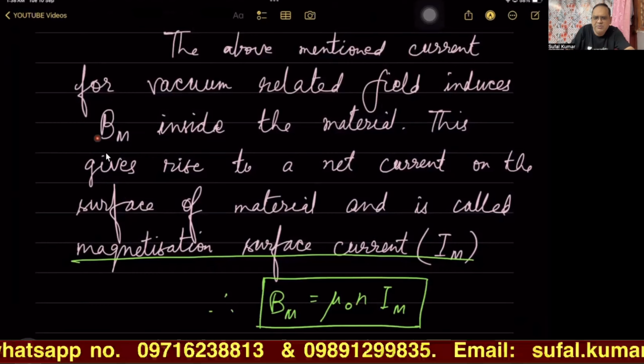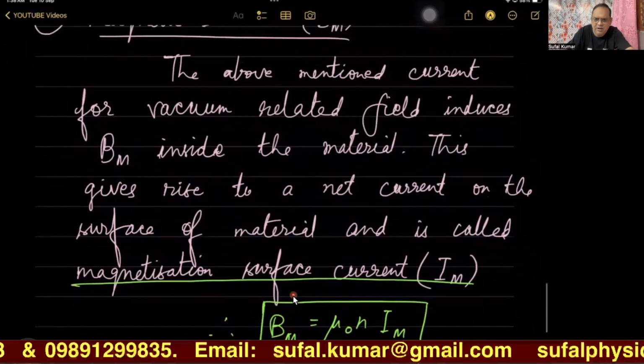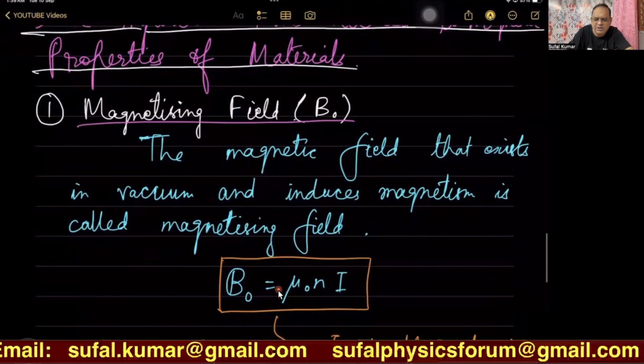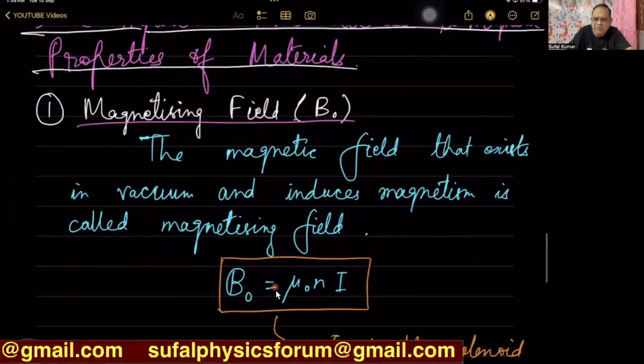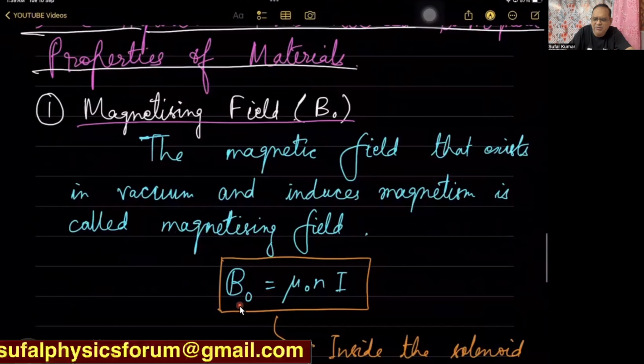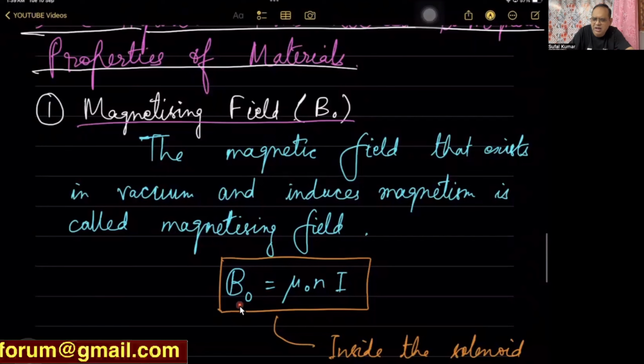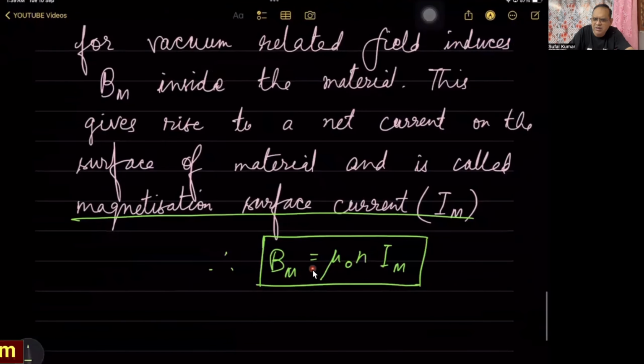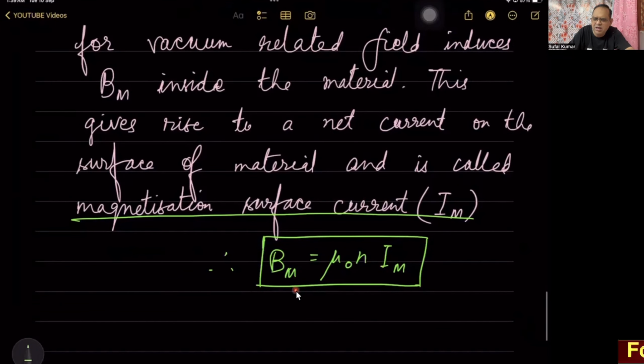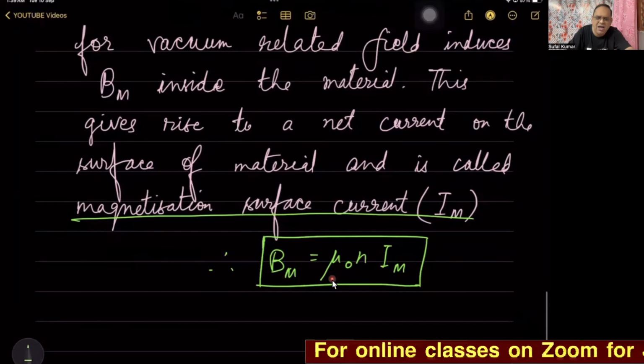The only difference between this expression and this expression is that B naught was the magnetic field for the same solenoid in vacuum, but now if there is any medium inside the solenoid, then it becomes Bm, and the expression would be mu naught N Im.